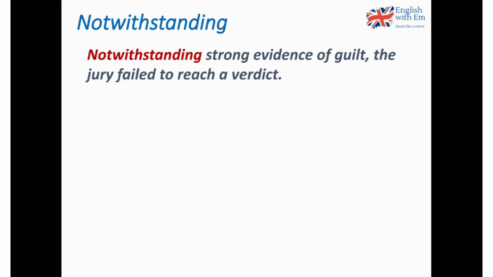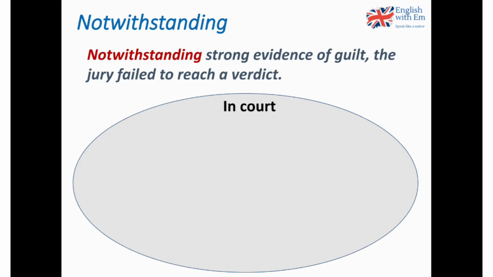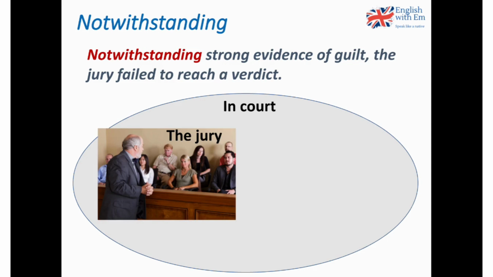So let's just see another example of all the ways that we can use notwithstanding. Notwithstanding strong evidence of guilt, the jury failed to reach a verdict. So again, a little background and some vocabulary. So we're in court, that is the situation, or in the courtroom. And here you've got the jury.